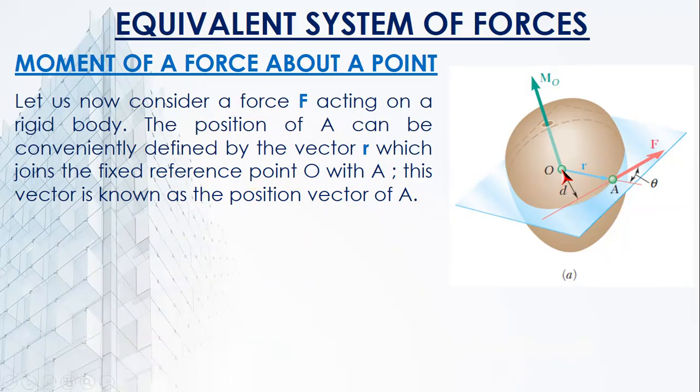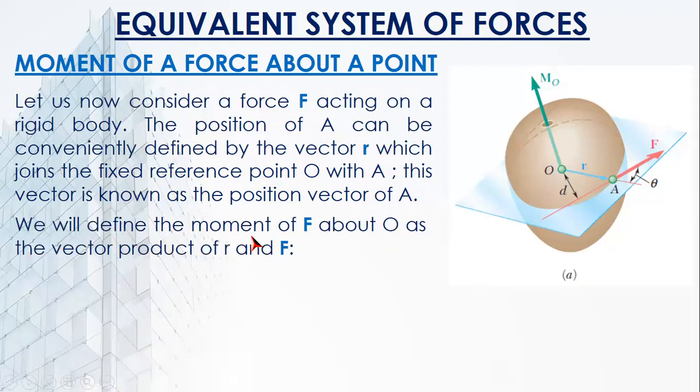The position of A can be conveniently defined by the vector R, which starts from O and ends at A. The vector R joins the fixed reference point O with A. This vector is known as the position vector of A.